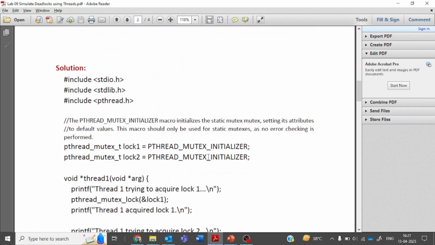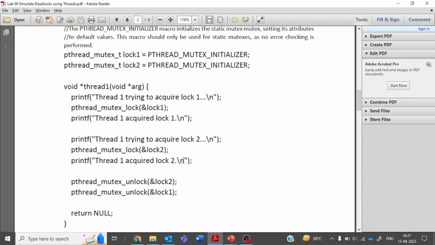So when you implement this program, you will see that we have used the mutex lock here. Let's say the first mutex lock is on lock 1, so thread 1 has acquired lock 1. Then the same thread is also trying to acquire lock 2, and it has acquired lock 2.